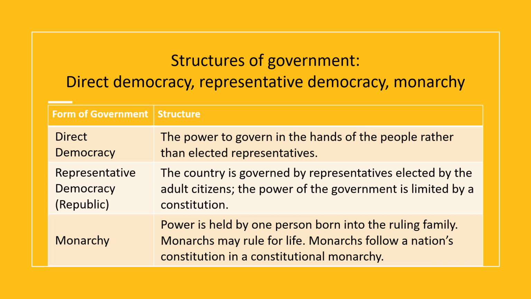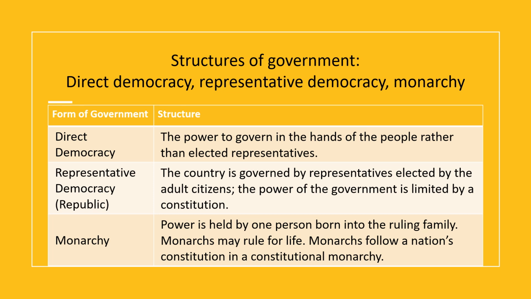In a monarchy, the power is held by one person who was born into the ruling family. Monarchs may rule for life, and monarchs follow a nation's constitution if that monarchy follows a constitutional monarchy approach. This means that even though there may be one person who rules, there are limitations as to what that one person can do with their power.